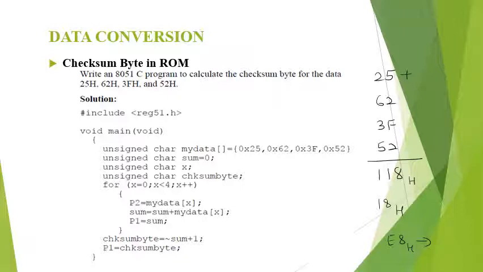To add the 4 series of data, we have the for loop with x varying from 0 to 4, fetching the data from the array and adding it to the sum variable, and then the total sum is assigned to P1. Then we have to find the 2's complement of it. So checksum byte is negation of sum plus 1. We get the 2's complement of the total sum and it is assigned to P1, that is to port 1.